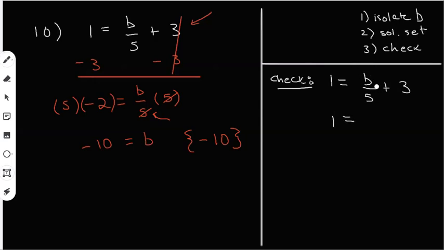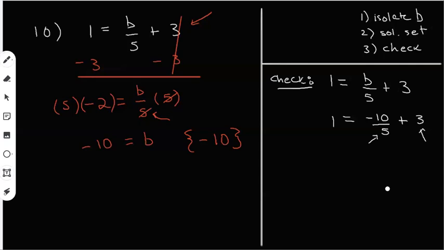So instead of having a b on the top, I'm going to have a -10 on the top of the fraction. All right, so I put in -10. There are two things that I need to do. I need to divide by 5, and I need to add 3 at the end.